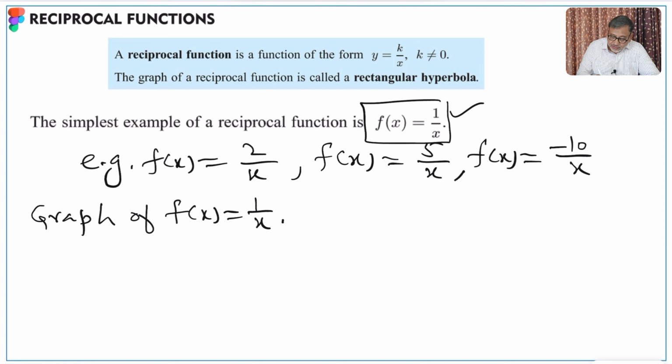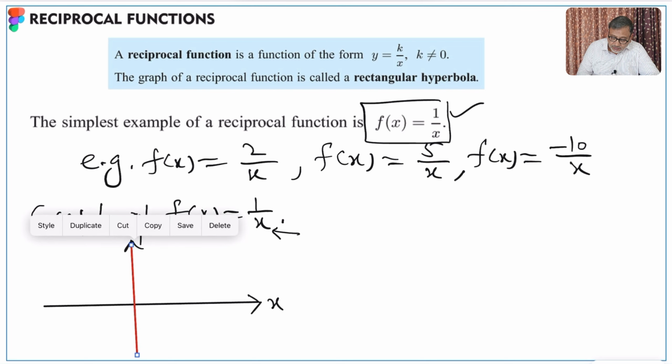Okay, so when you draw its graph, x will never be 0, so the y-axis will become its asymptote. Look here, the y-axis will be the asymptote, so I will draw a little away.